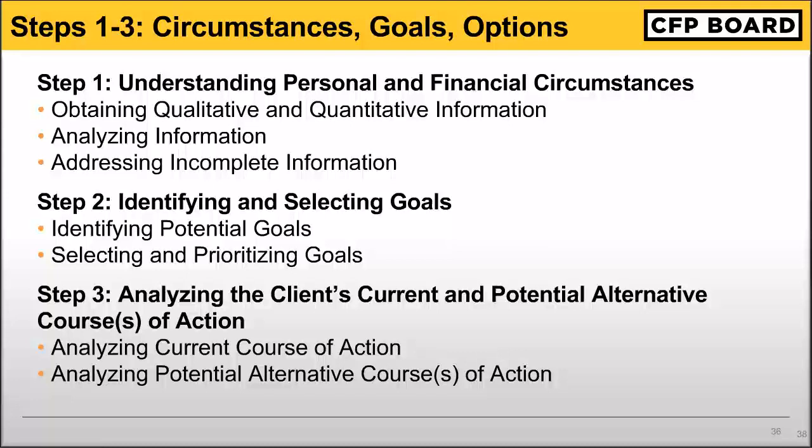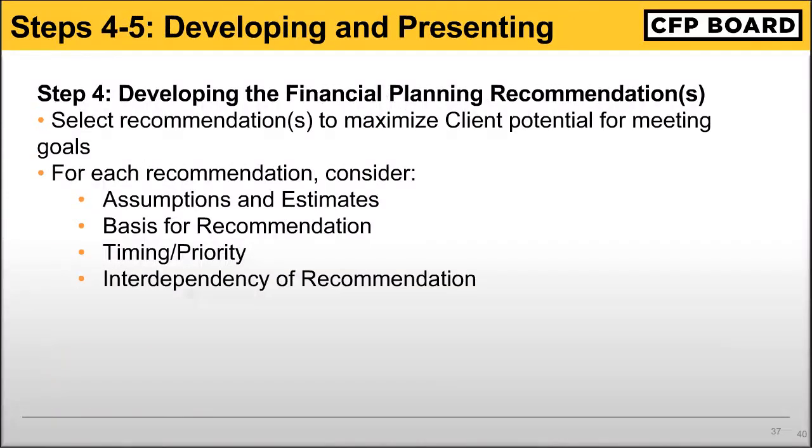So from there, you move on, and you're looking at developing and presenting the recommendation. So the CFP professional develops the recommendation by selecting, amongst different courses of action, one or more recommendations designed to maximize the potential for meeting the client's goals. So in doing this, what do you have to consider?